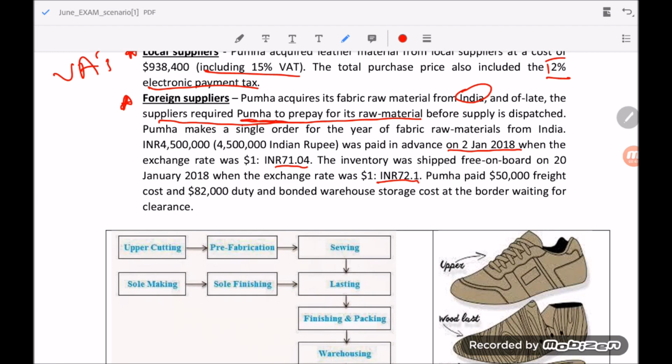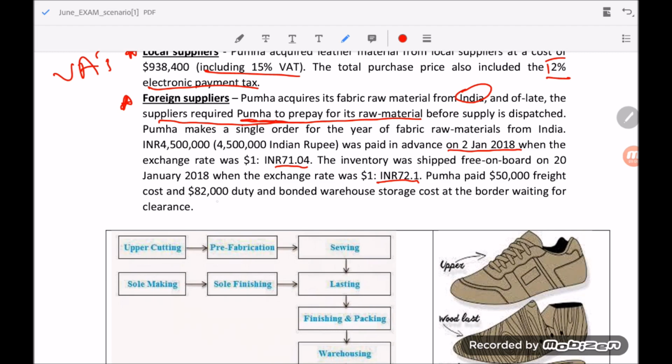Then Puma paid 50,000 freight costs and 82,000 duty and bonded warehouse storage costs at the border waiting for clearance. So you can see the costs coming through now to bring the foreign supplies, which means when I want to cost my inventory, obviously, I include all the costs incurred until the inventory is at a present location where I can sell it.